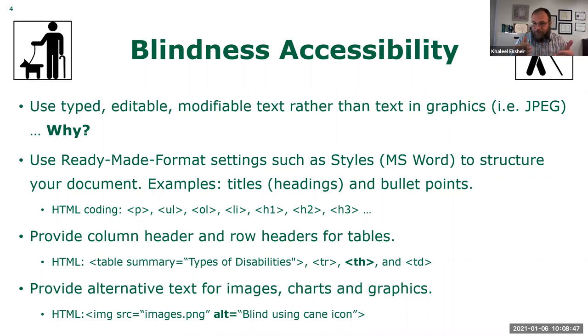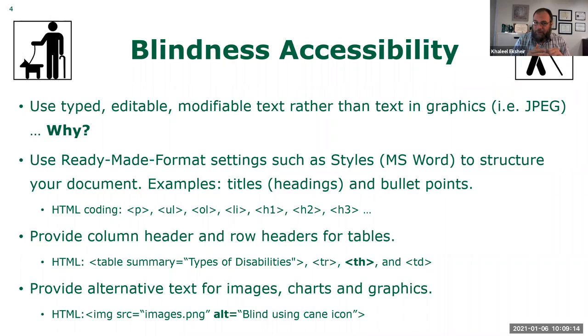Most of the errors that we see at this point are that people come, for example, to the title, make it bold and larger. Well, visually, that is probably appealing. We can see that it is a title, but the screen reader does not see that and will not convey that this is a title. That's why it is very important to use these structures.